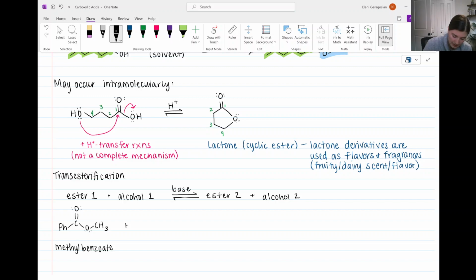Now if we add butanol, so we're adding butanol in the presence of the ester methyl benzoate, under basic conditions, and that base should really indicate the basic version of the alcohol that's being added. So in this case, we could have potassium as a counter ion, and then this butoxide ion.